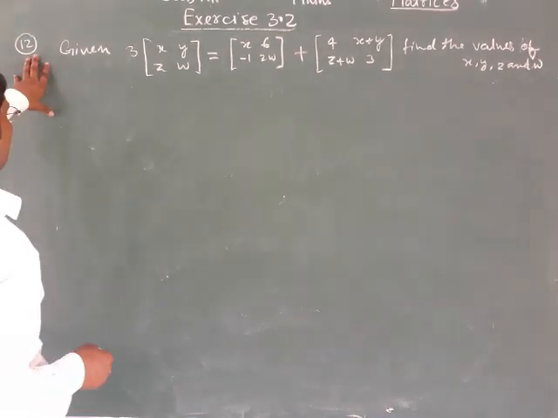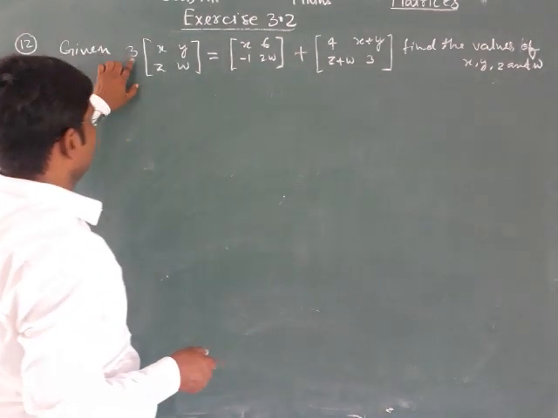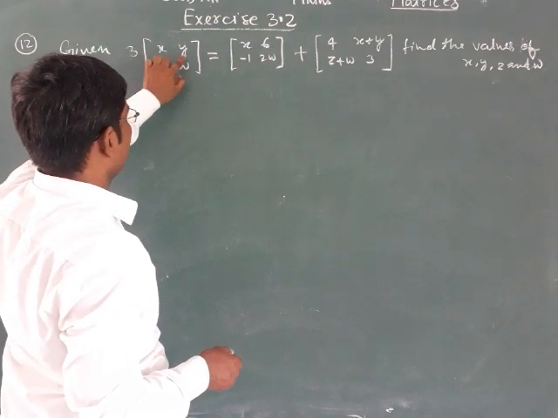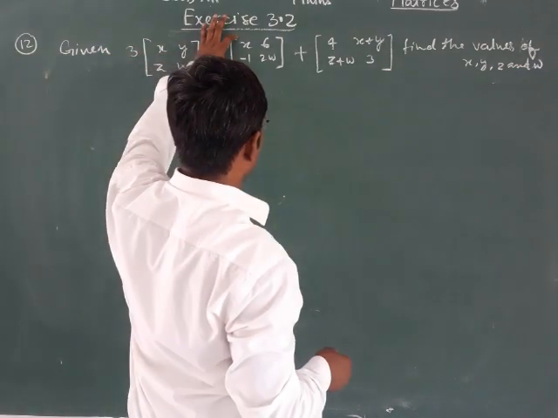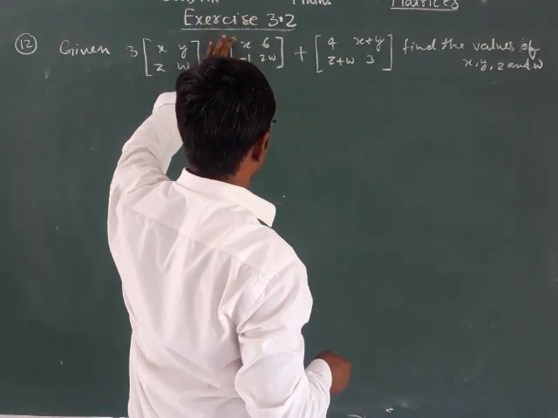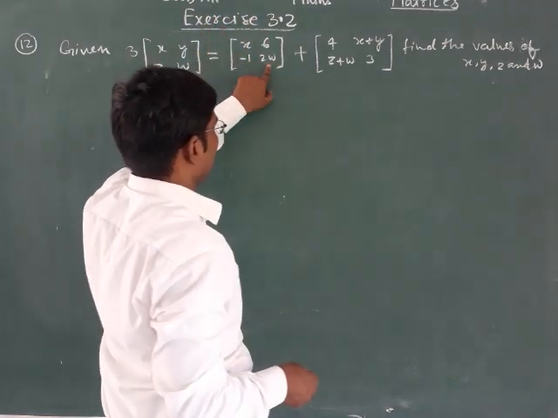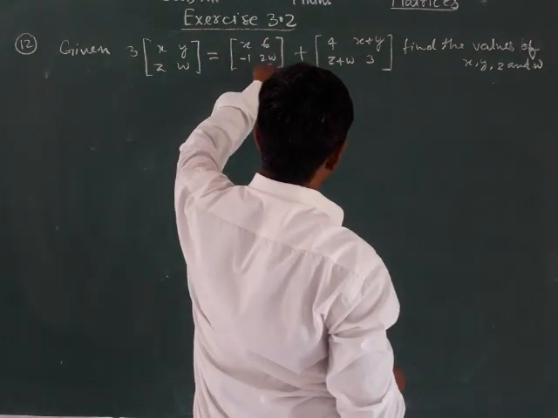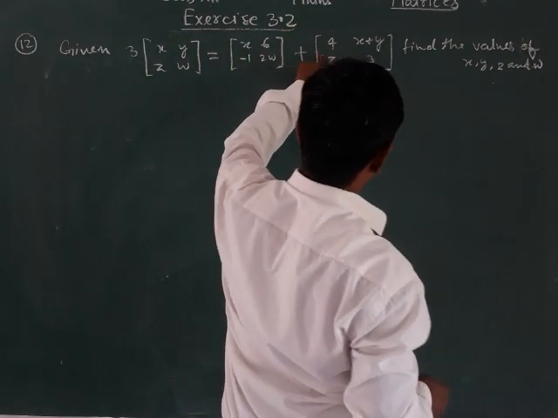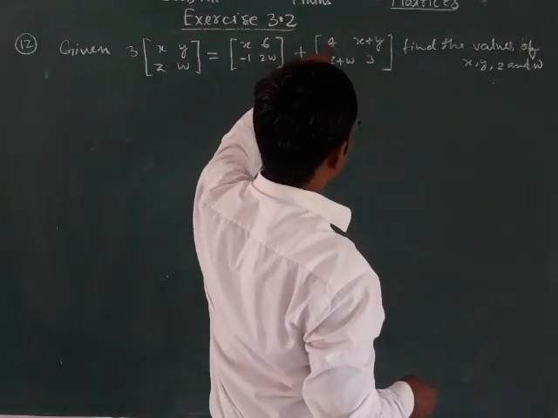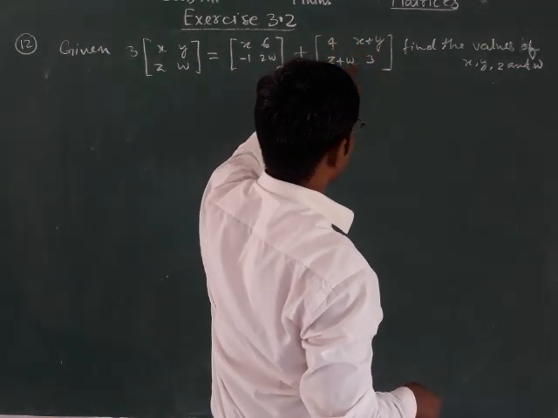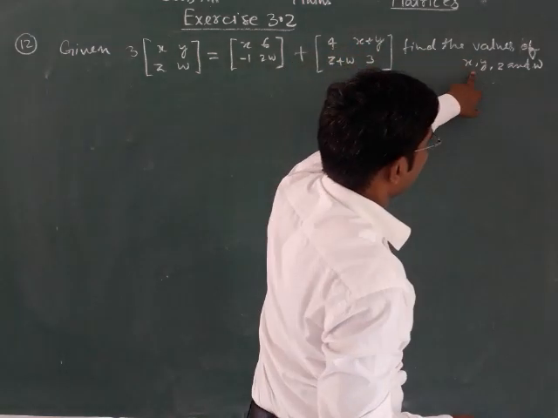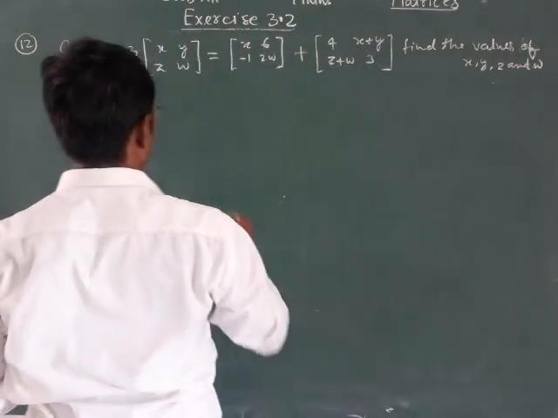Question number 12. Given 3 times the matrix [x, y; z, w] is equal to the matrix [x, 6; -1, 2w] plus the matrix [4, x+y; z+w, 3]. Find the value of x, y, z and w.